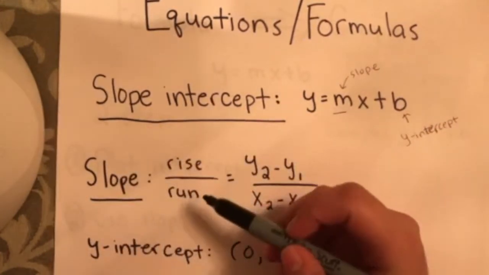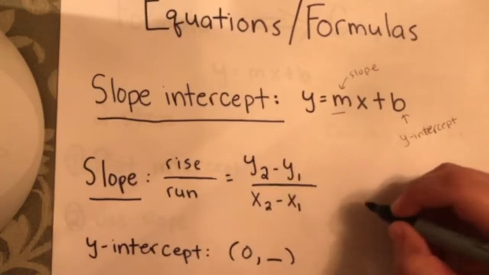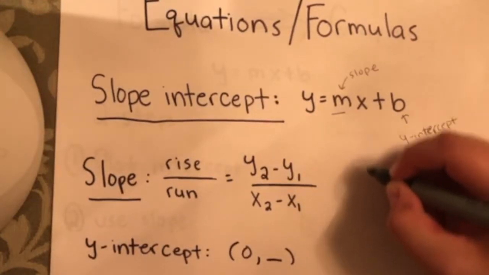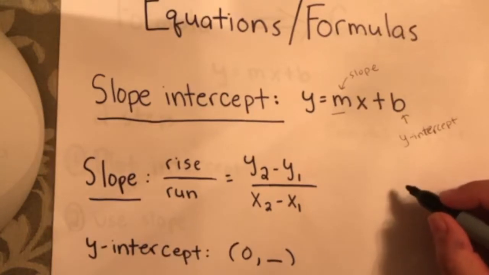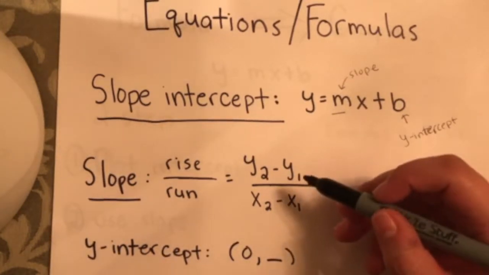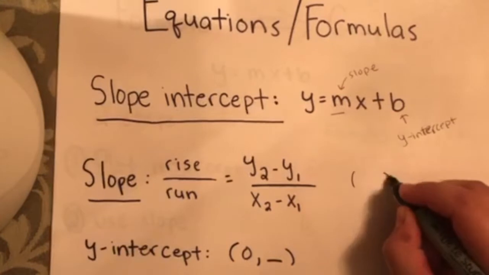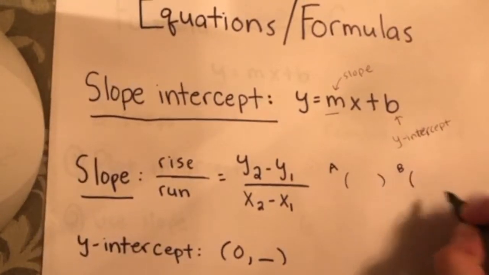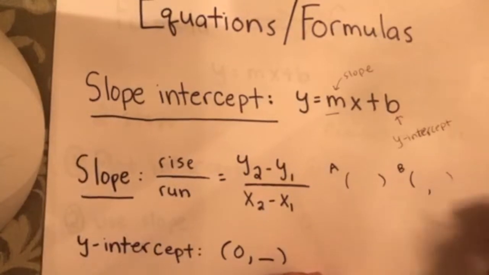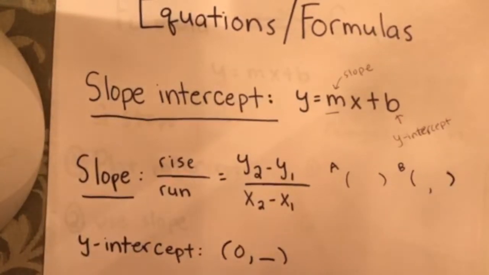Okay, our second formula is the slope. Okay, so we know that's the rise over the run. Rise is up and down, and the run is left and right. If they gave us 2 points, we know we could have the 2 points like this, A and B. Right? And we would label those.